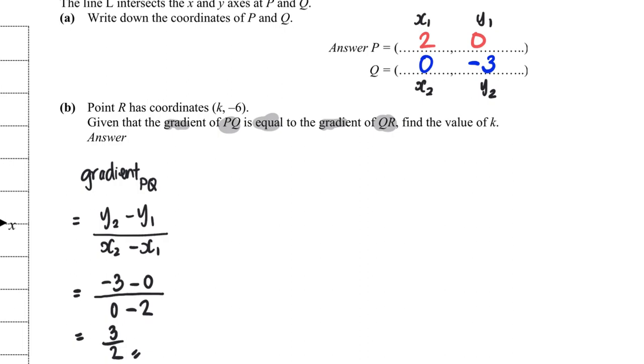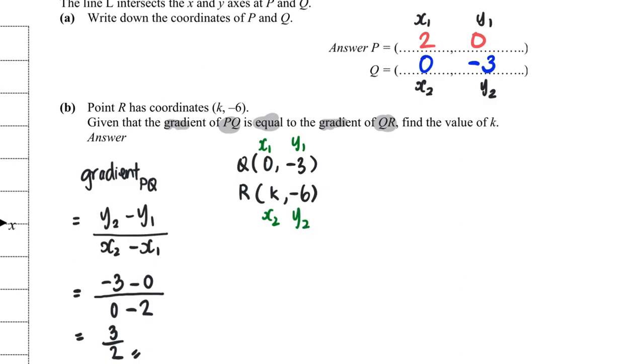Then, with my Q as 0 and negative 3, and my R given as k and negative 6, I will be able to form another equation here. Okay, I'm going to use green color. So this will be my x1, y1, x2, y2.